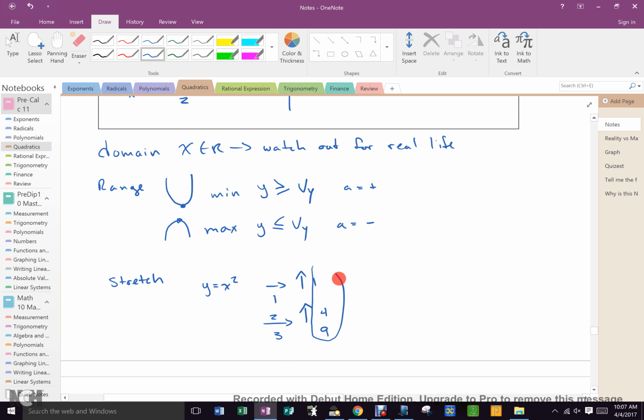This value is multiplied by A. Whatever A is. If A is 1/3, which of these 3 points are you easily able to put on the graph if A is 1/3? Just that one. And it would be over 3 up 3, right?